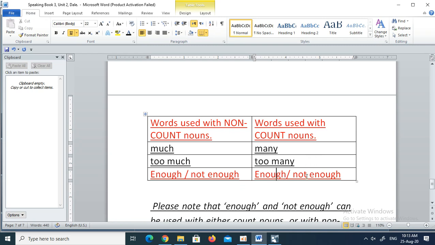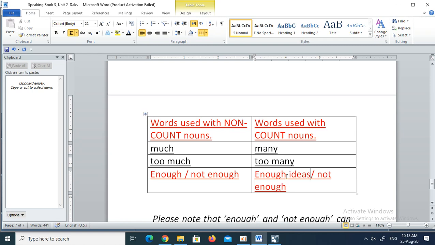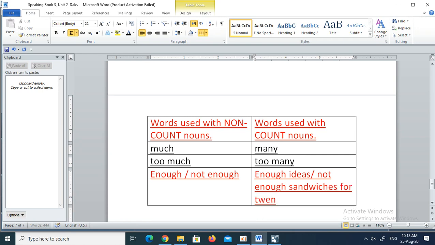Now, enough and not enough can be used with count nouns or with non-count nouns. So I can say, Khalid has enough ideas for the whole class. I can say Ali didn't bring enough sandwiches for 20 people, and sandwiches is a count noun.